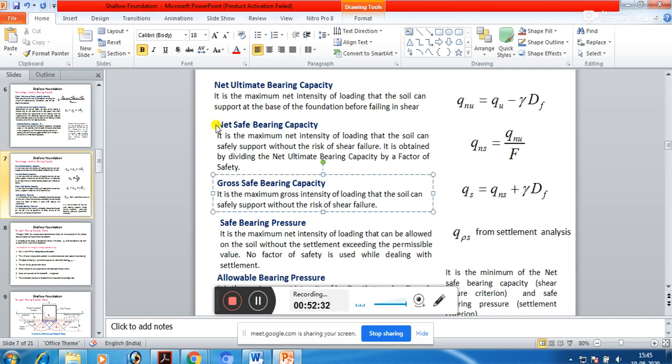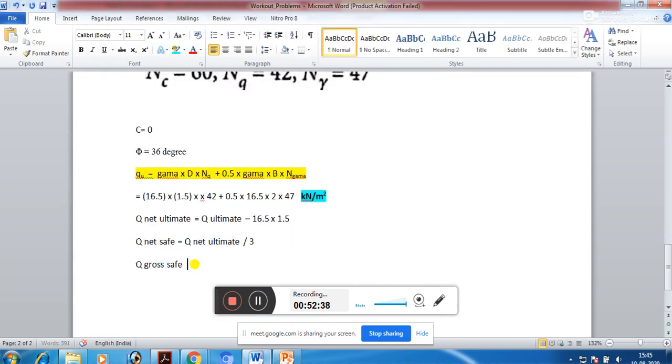You will have to add up your surcharge value to this net safe bearing capacity. So whatever Q net safe you have calculated, you add to this your gamma into DF. So your gamma is in this case 16.5 multiplied by DF, which is 1.5.